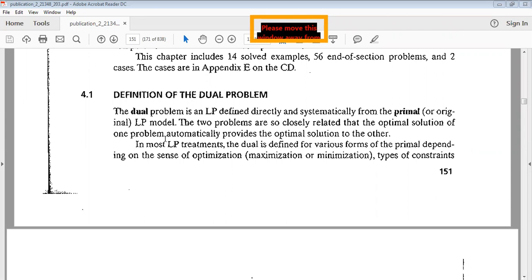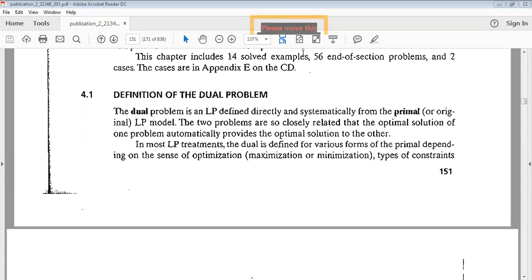So if you have the primal problem, which was the simplex method, a simple linear programming problem will be given. There may be less than or equal to signs, there may be greater than or equal to signs, whatever it may be, equal to signs. But you have to convert it into the dual problem, and thereby you have to solve it.